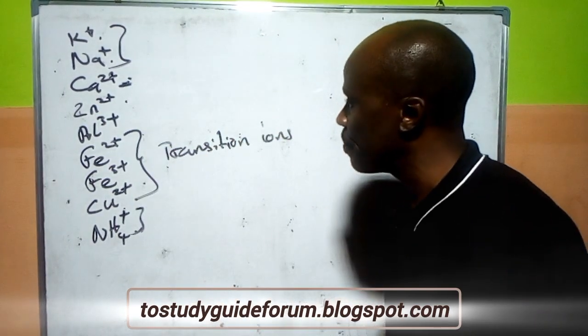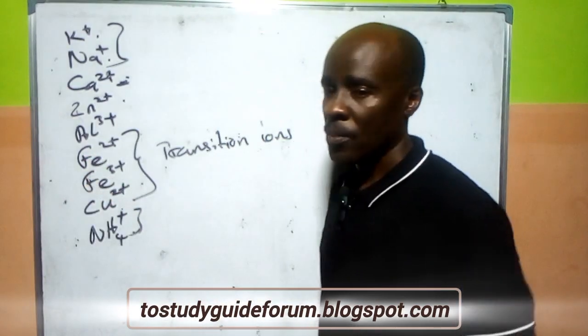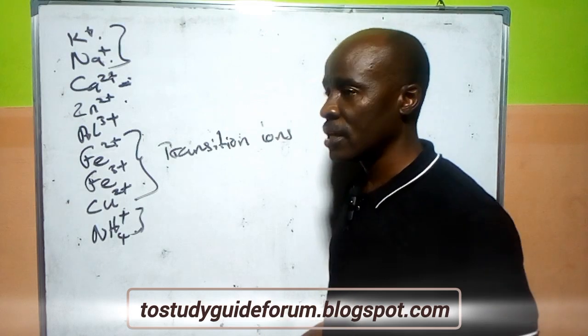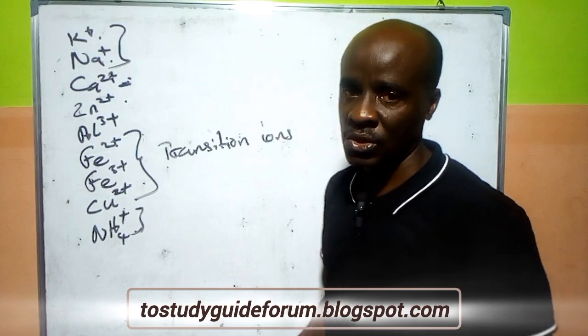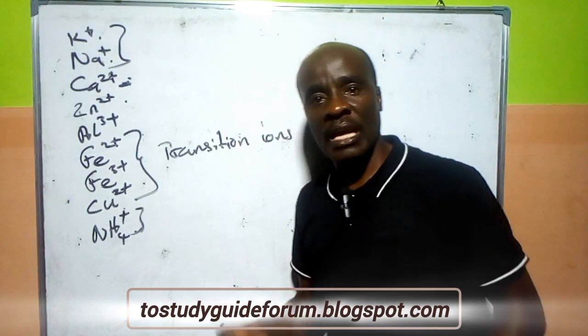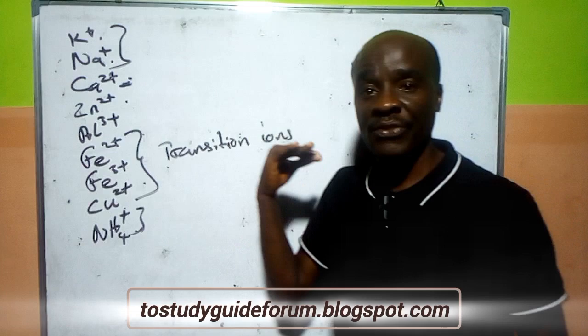Now you notice that the area that I just marked, we have the true transition ions. Although zinc happens to fall into transition elements, its ion is normally considered not to be a true transition ion because the D block is filled up.